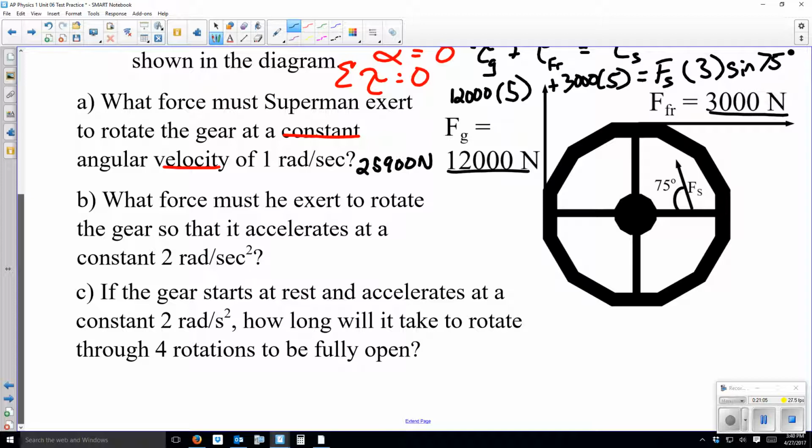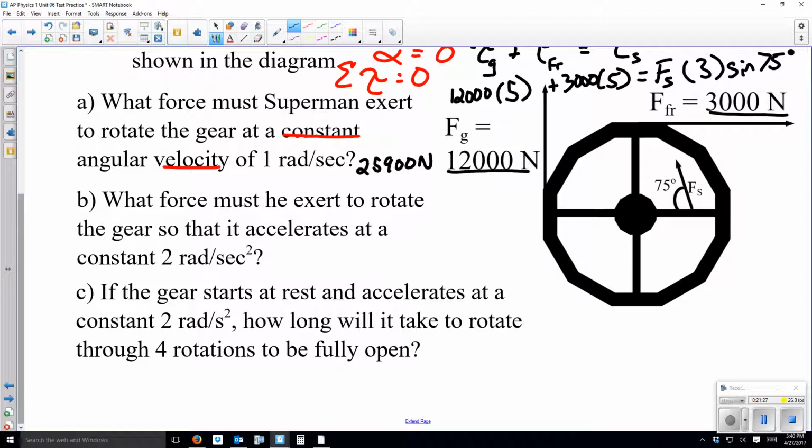What force must he exert to rotate the gear so that it accelerates at a constant 2 radians per second squared? We're just going to rework this a little bit. We're going to say that all of these torques added up, and I'll put his first. So I'll say the force of Superman times 3 times the sine of 75.